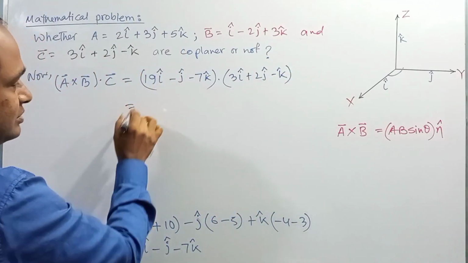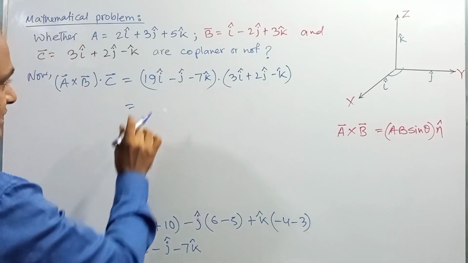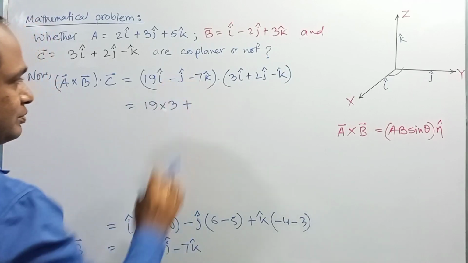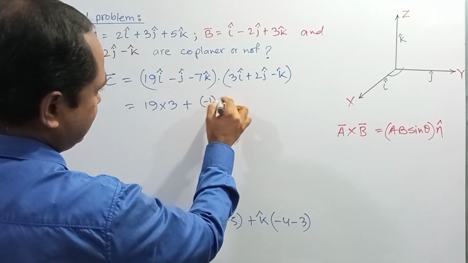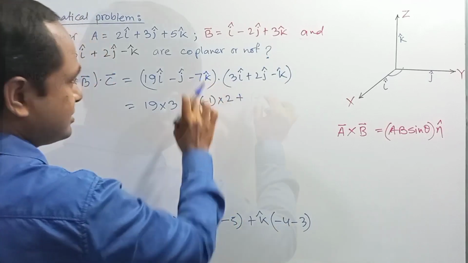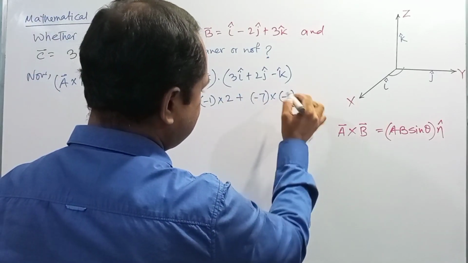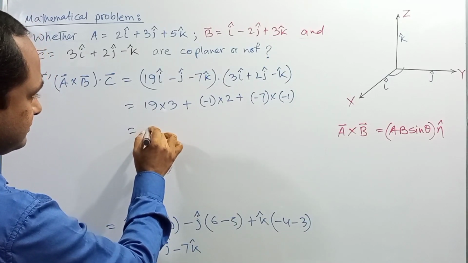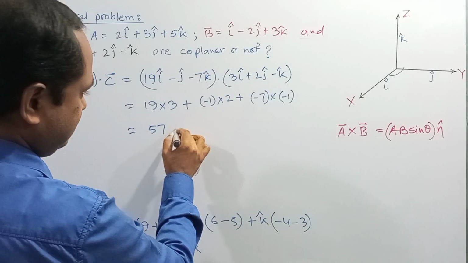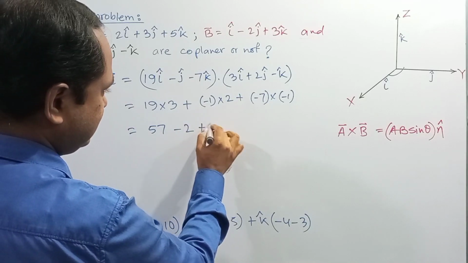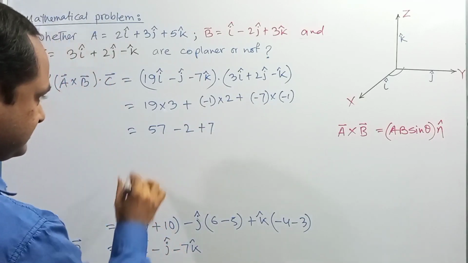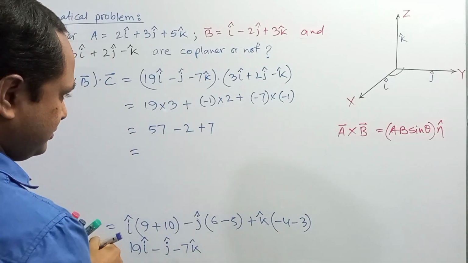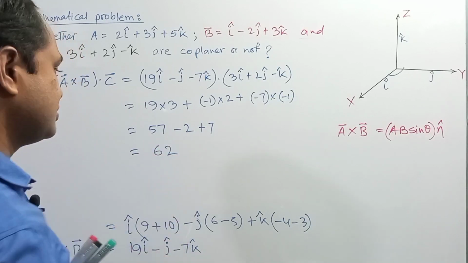After the dot product, you get the coefficients of i multiplied: 19 into 3, plus the coefficient of j, minus 1 into 2, plus the coefficient of k, minus 7 into minus 1, right? So here 57 minus 2 plus 7. So it will give 64 minus 2, that is 62.